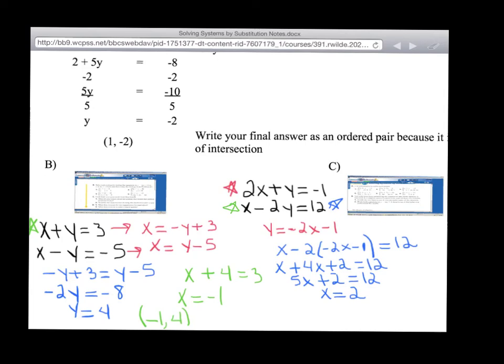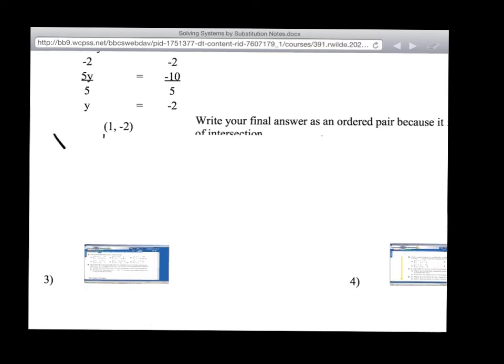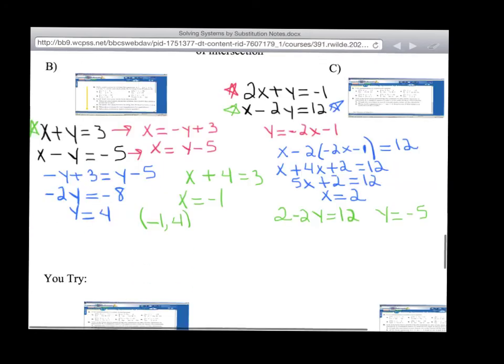I'm going to plug in 2 for x, then rewrite what I have left. I solve for y, and y equals negative 5. My final answer, written as an ordered pair, is 2, -5.